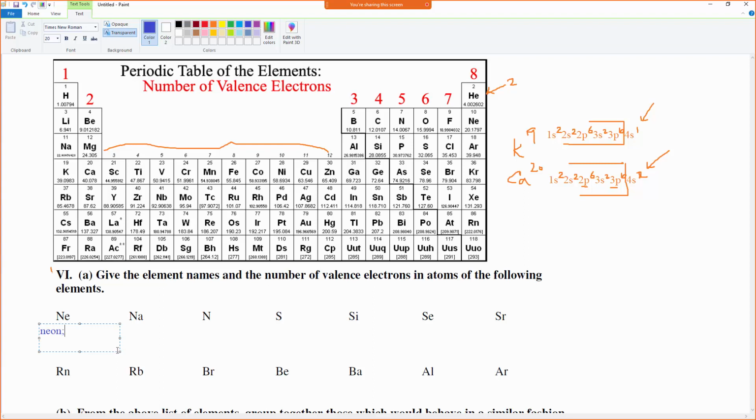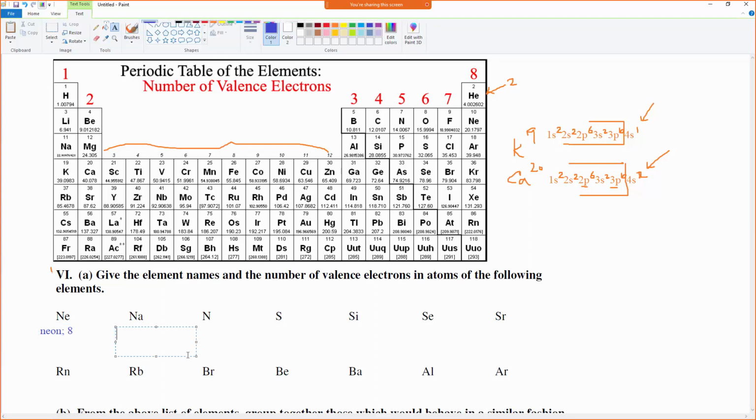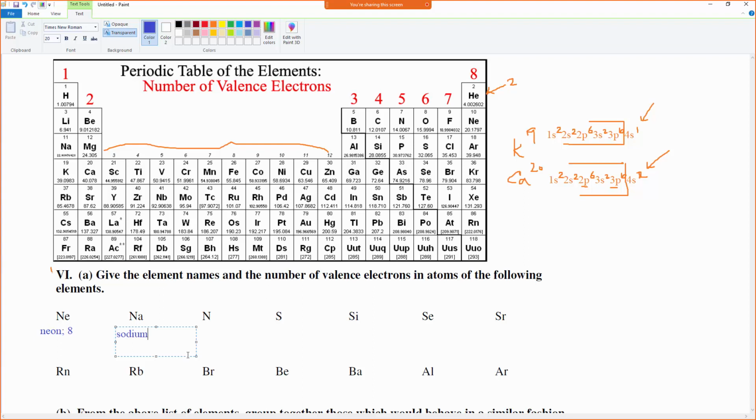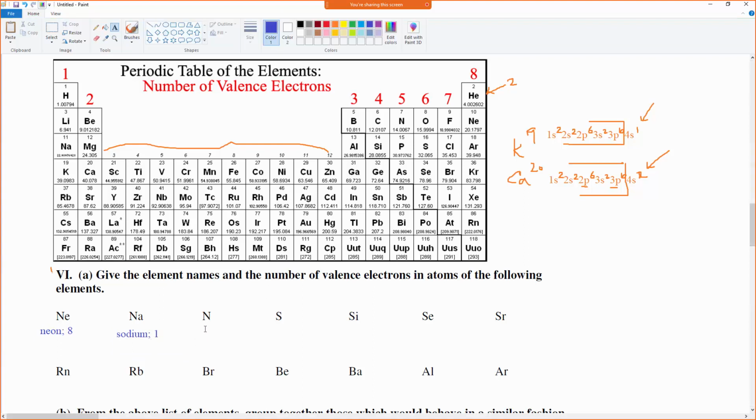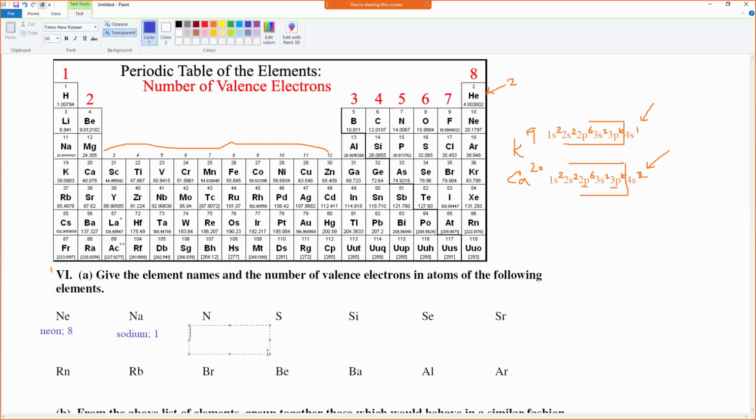That's neon. It's got 8 electrons. Excellent. Na. Sodium. It's got how many valence electrons? 1. Perfect. N. Good. It's got 5. That's nitrogen.